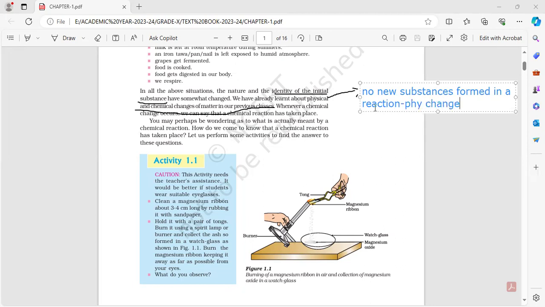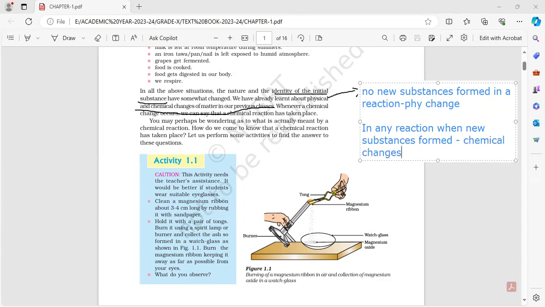And if new substances are formed in any change or reaction, it is an example of a chemical change. So these are the definitions that you should remember about physical change and chemical change.